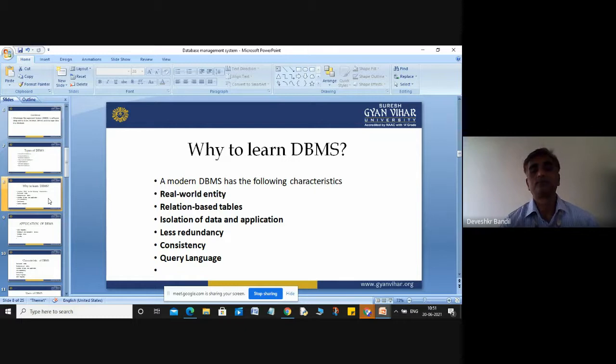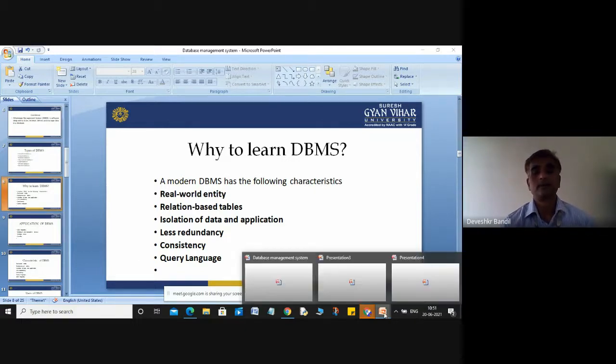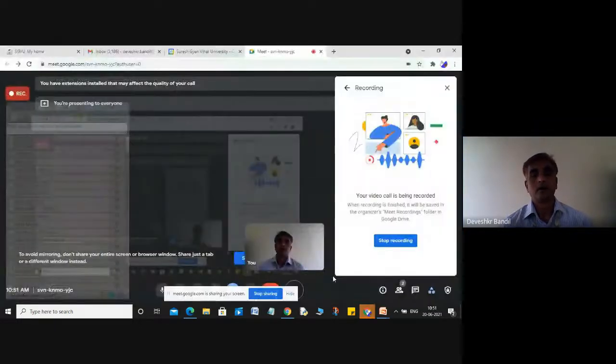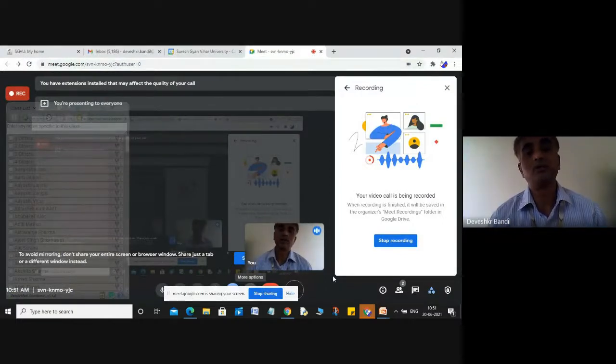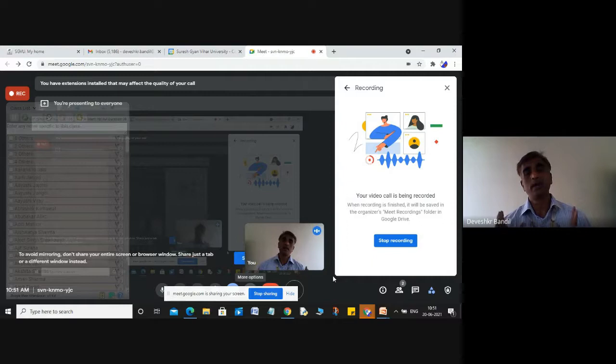In query language, I will use SQL, Structured Query Language, and through SQL you can create the table. By writing queries you can insert data into your table, delete data from your table, and also update the data in your table.